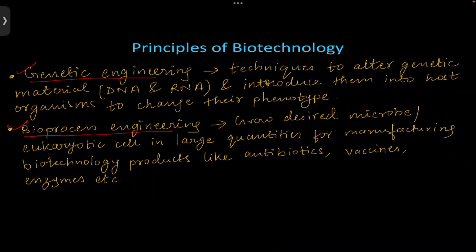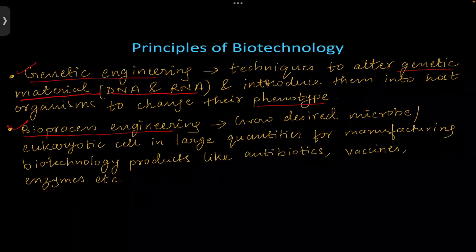Here, people use techniques to alter genetic material like DNA and RNA, and then introduce them into some host organism in order to change its phenotype. They isolate some DNA or RNA from an organism, and then introduce that artificially into another organism.